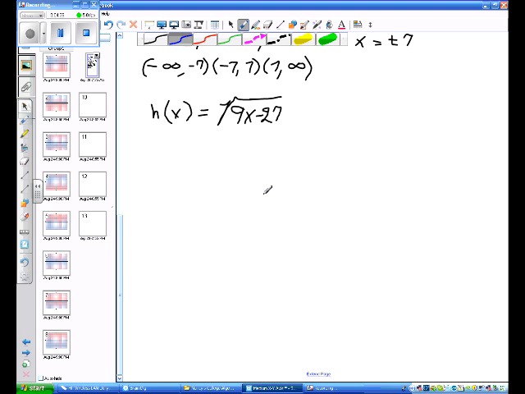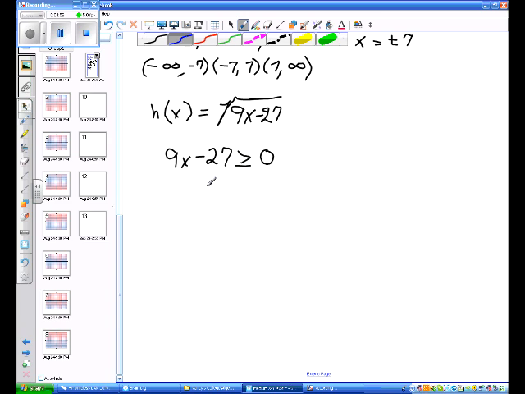Well, as we start looking at this, we have a radical. We know that what's under the radical has to be greater than or equal to 0. So that's what we're going to do. We're going to say 9x minus 27 has to be greater than or equal to 0. It can't be a negative number.